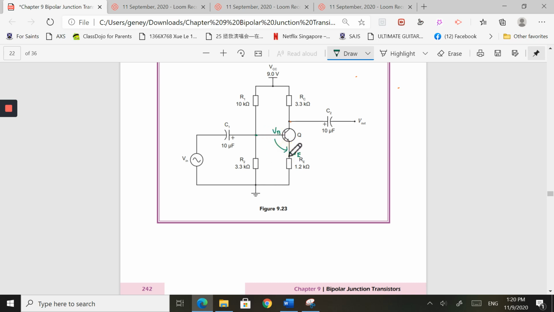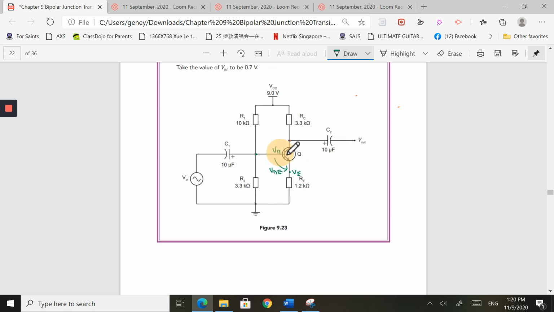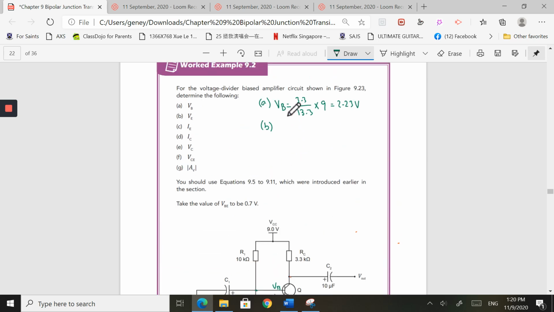Remember, I keep telling you there is a voltage drop called the VBE. So there's going to be a voltage drop to get to my emitter over here. I've already found my VB, and if I take away that voltage drop called the VBE, I will end up with my VE.